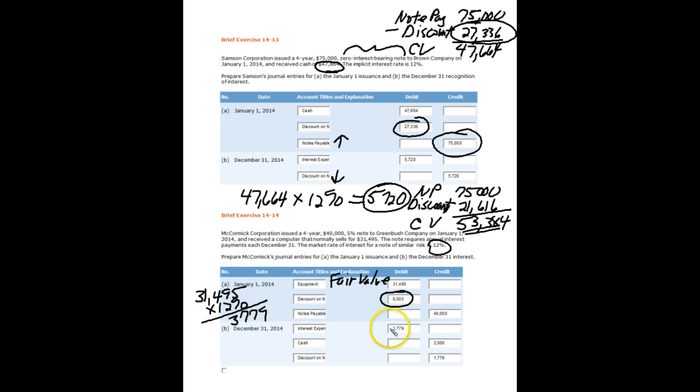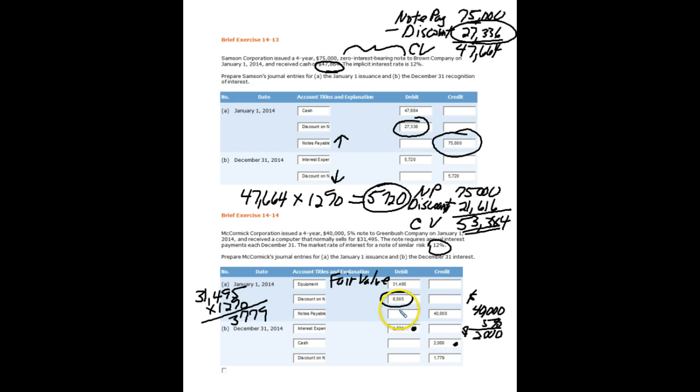So we record that as interest expense. In this particular problem, there actually is a cash payment of 5%. So $40,000 at 5% is a $2,000 cash payment each year. So this was a little unusual with that. So we have our expense, we have the cash payment, and the difference gets plugged to the discount to reduce it.